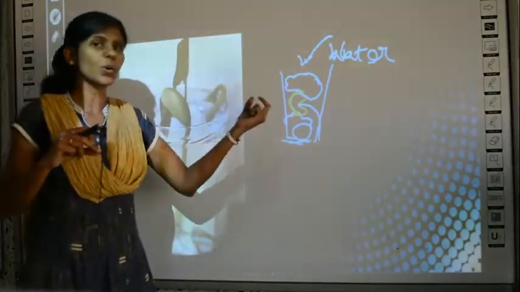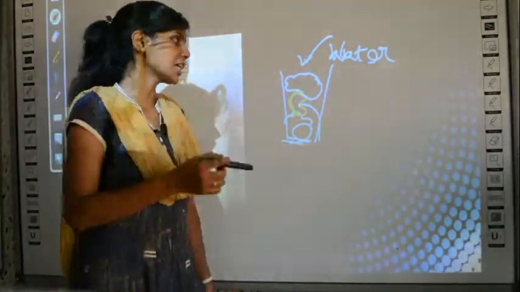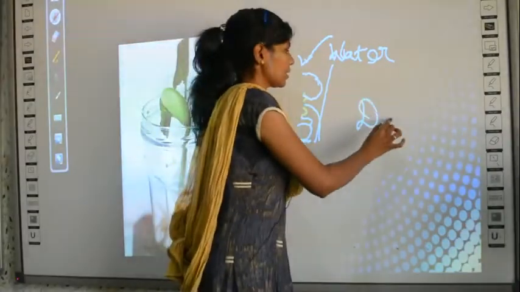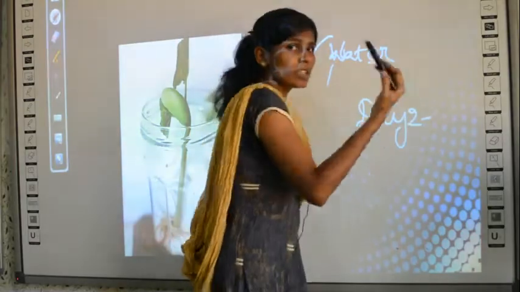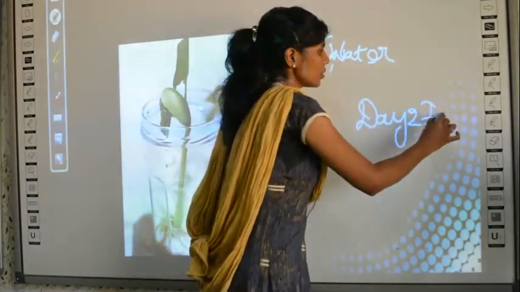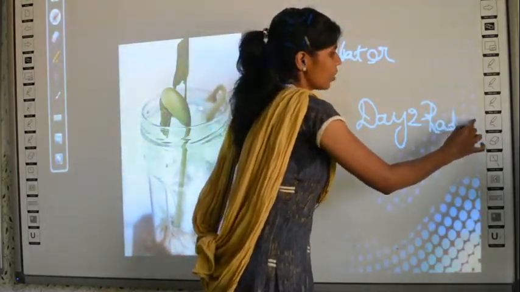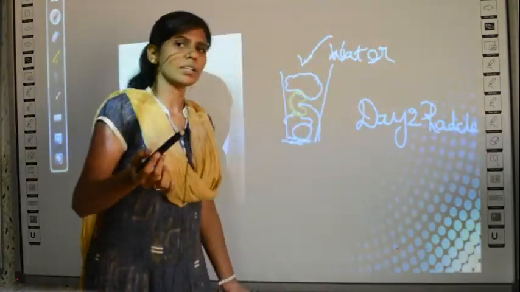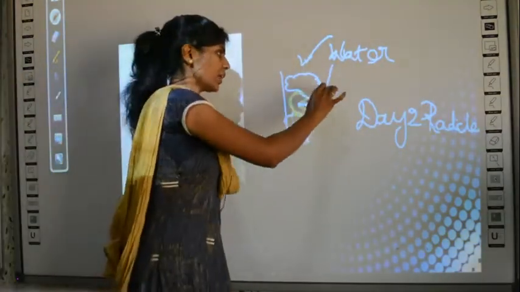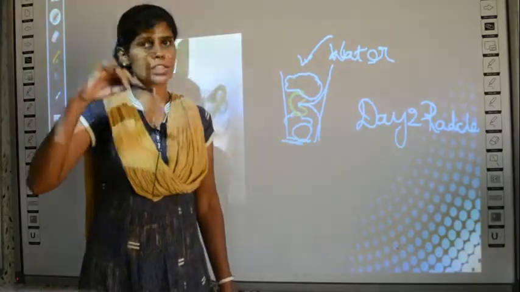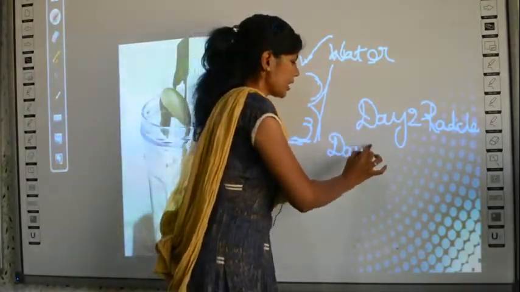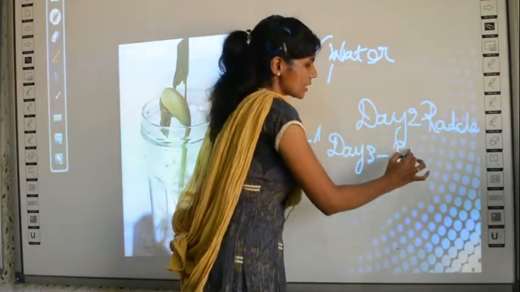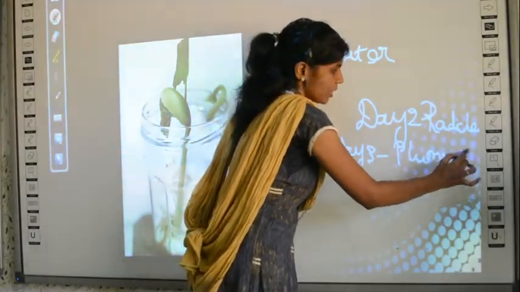You can note the day, for example if it is day 2, you note it in your observation as day 2 and write what the root system is called, radicle, no. So you write radicle on day 2, and then suppose on day 3 you get the plumule. What is plumule? The shoot system. Write day 3, plumule.